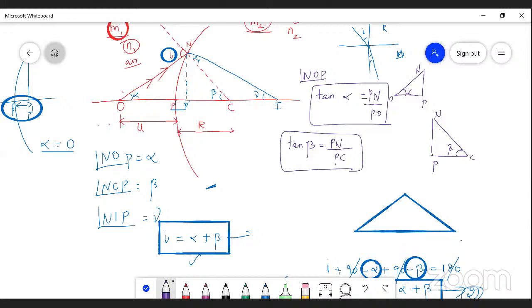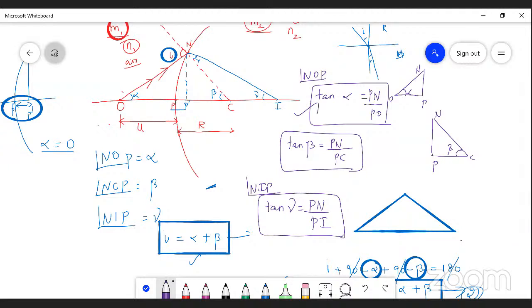And angle NIP: tan gamma is equal to PN divided by PI.